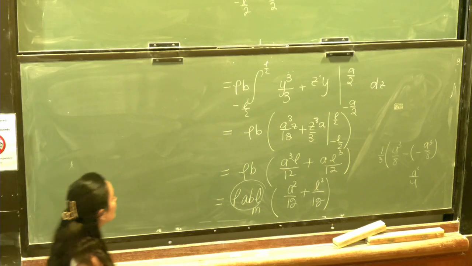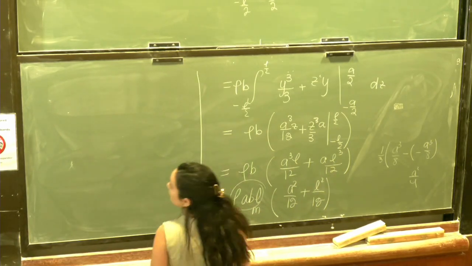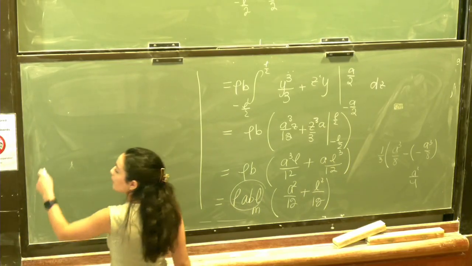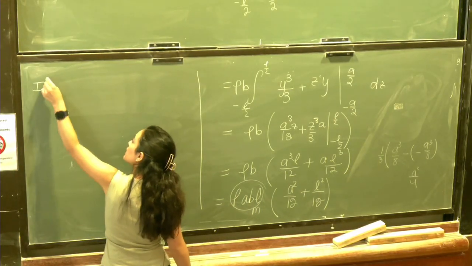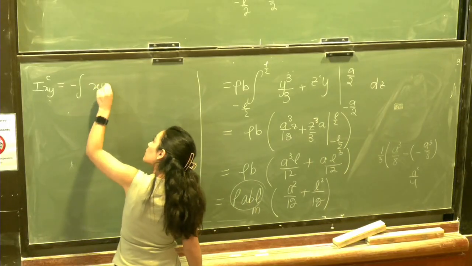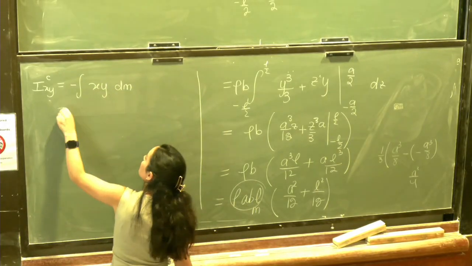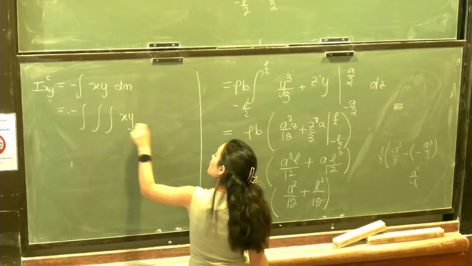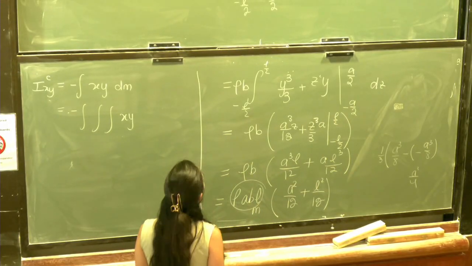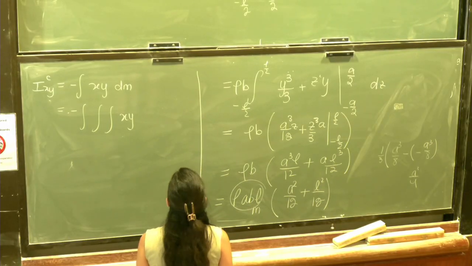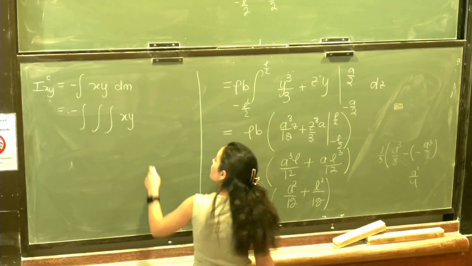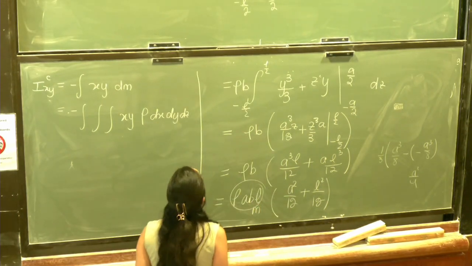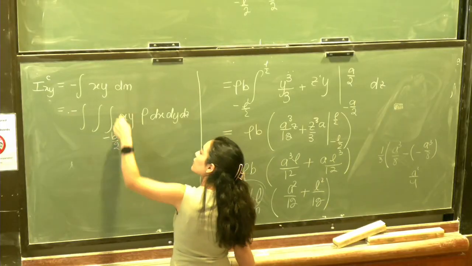We can actually verify that the products of inertia are 0. So the product of inertia here is minus xy dm. Ixy about C is minus the integral of xy dm. So minus triple integrals of xy rho dx dy dz, same boundaries, minus b over 2 to b over 2.